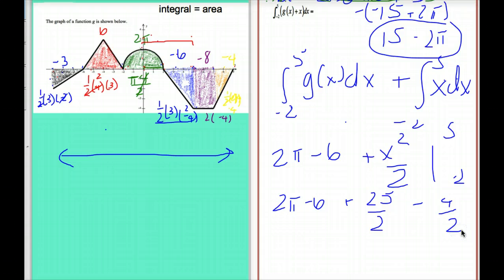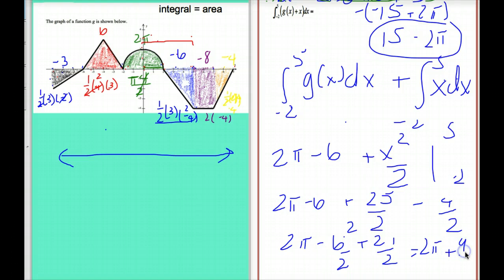And what we get is 2 pi minus 6 plus 21 over 2. And if I simplify this, our answer will become 2 pi plus 9 halves.